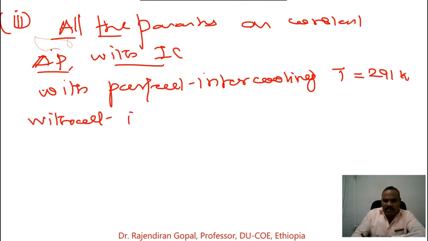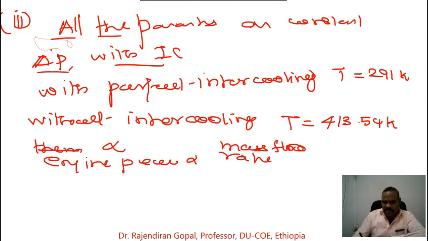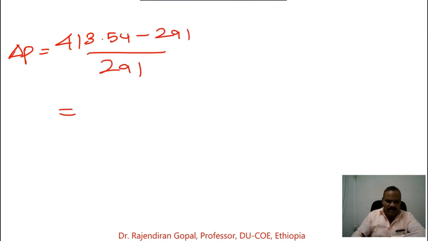However, without intercooling, the inlet temperature to the engine is equal to 413.54 Kelvin. All the other parameters are kept constant. The engine power is directly related to the mass flow rate, so the increase in the power output is equal to 413.54 minus 291 divided by 291, that is equal to 42.11%, answer 3.